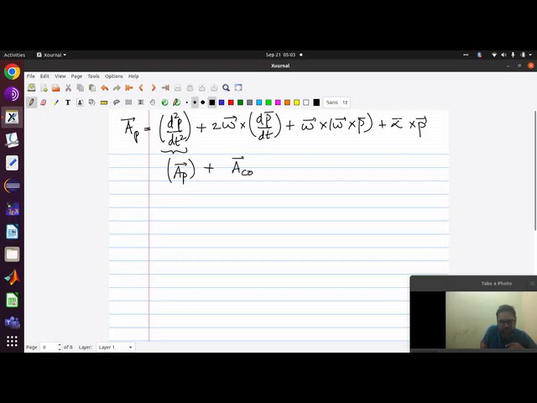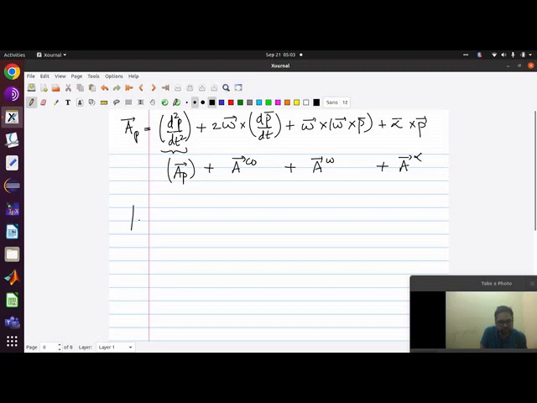This is AP in parenthesis. This is what we are calling the Coriolis component, that is the superscript Coriolis component. This is the omega component, and this is the alpha component.